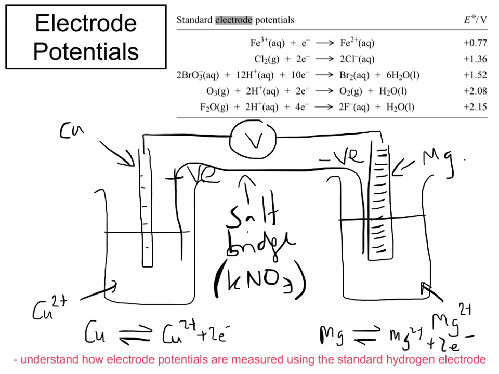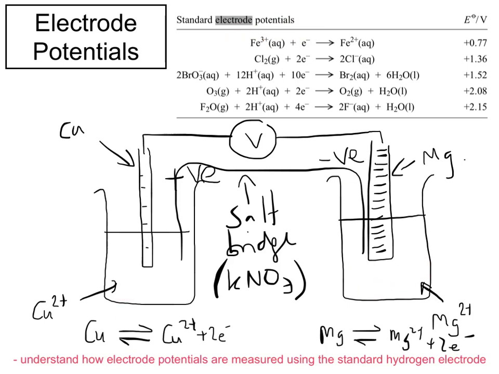Now for us to be able to predict reactions and which way the electrons will flow when two cells are connected together, we need to have a standard electrode that all of these are measured against. And when we connect those electrodes together with a voltmeter, the reading of that voltmeter will then be the electrode potential for that cell, which can then be compared to all the others because we have joined every cell up to a standard.